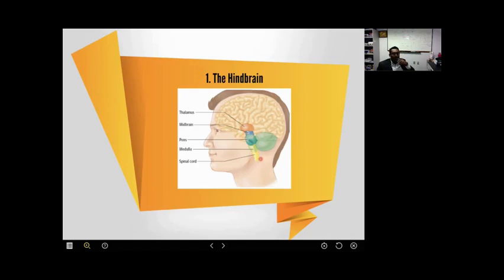Now, the hindbrain is constituted by the structures called the medulla oblongata. You see this? This is the base of the brain, and the medulla oblongata continues down as the spinal cord. Then this circular structure you see is called the pons.